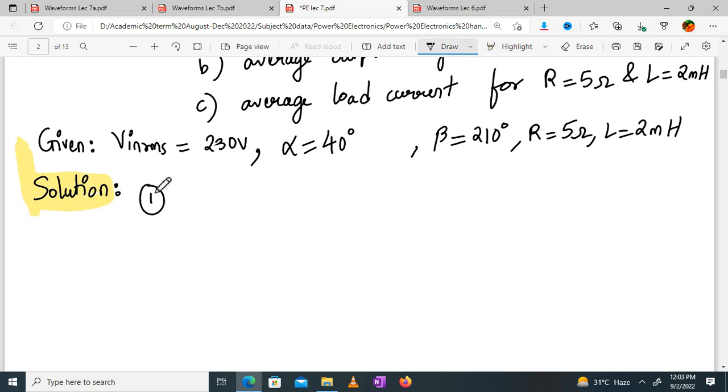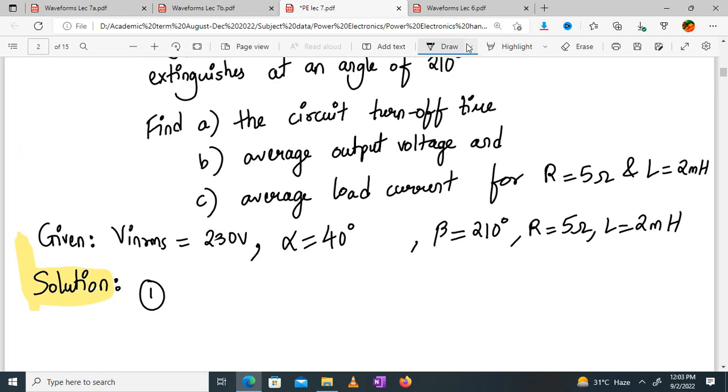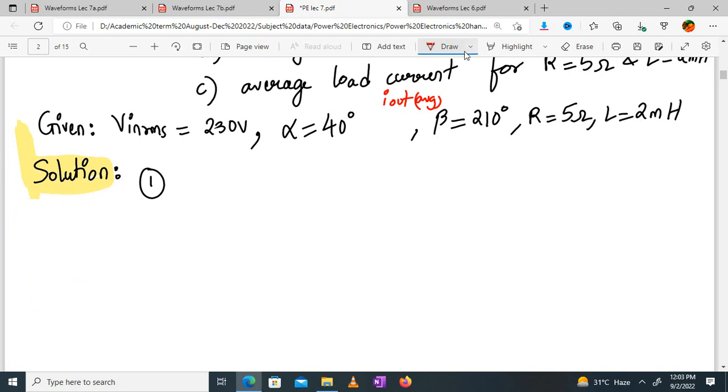Now first, the circuit turn off time. It is denoted by Tc, and this is I out average. So let's start by finding the value of Tc. What is the formula? 2 pi minus beta upon omega. How will you find it? 2 pi minus beta.